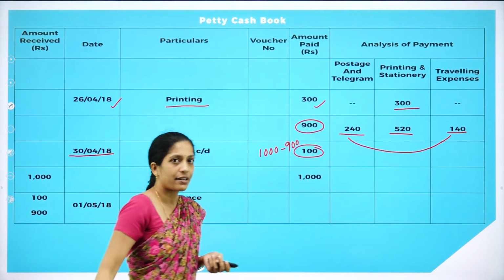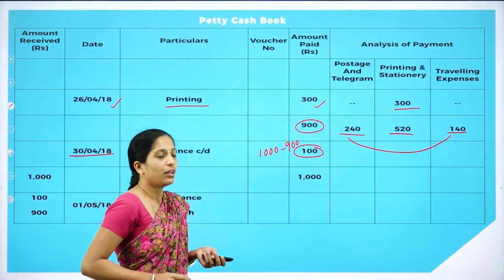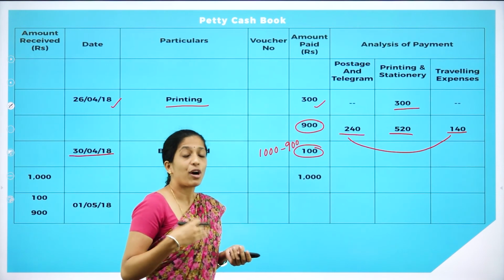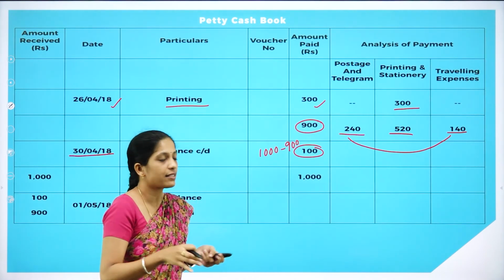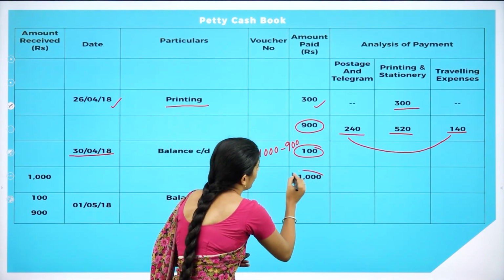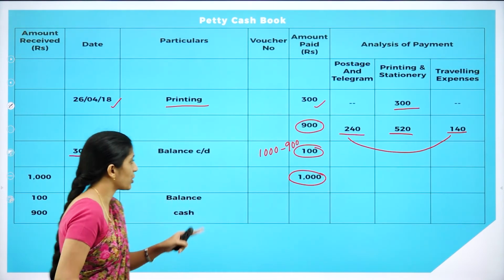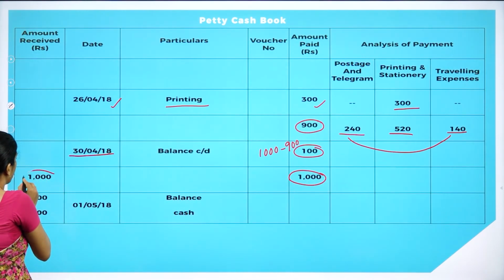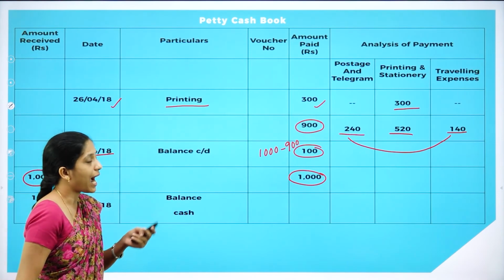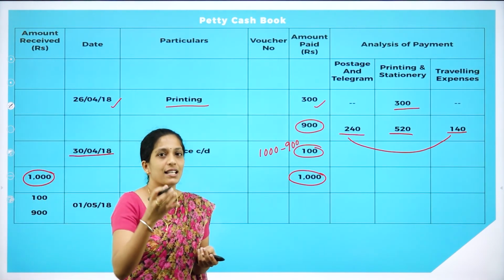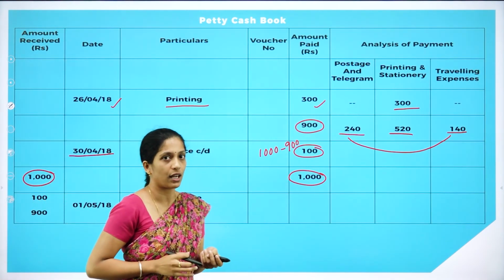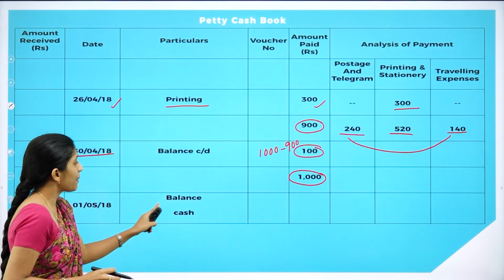So you'll get 100 rupees. Now when you total this amount spent as well as the balance amount, you'll get the total amount which is given by the main cashier. So amount received was 1000, and when you add the amount spent as well as the balance amount, you'll get 1000.